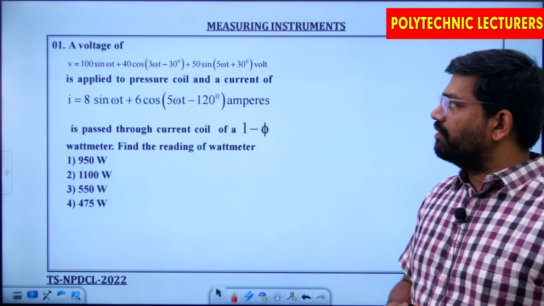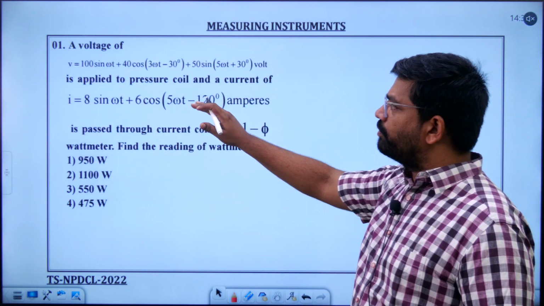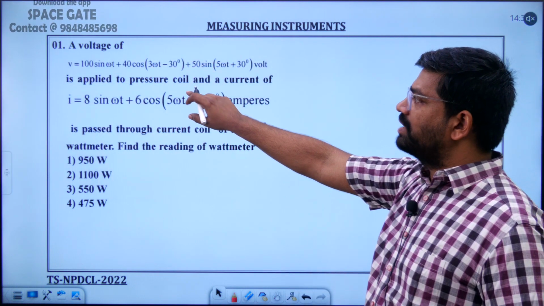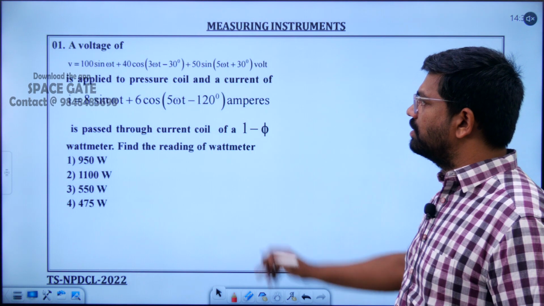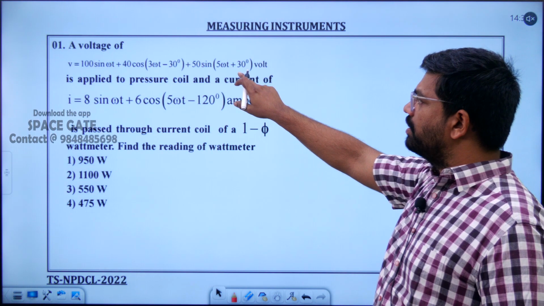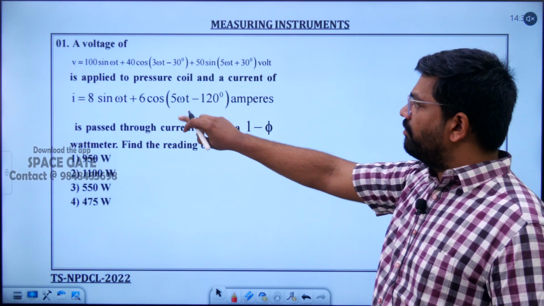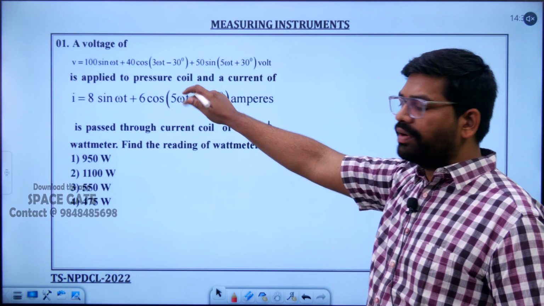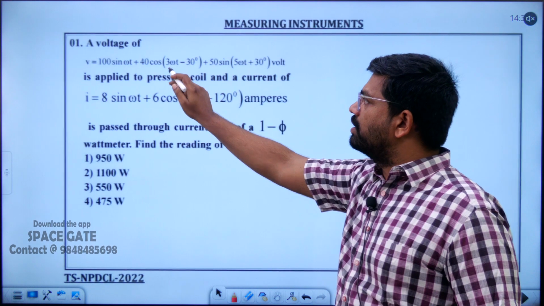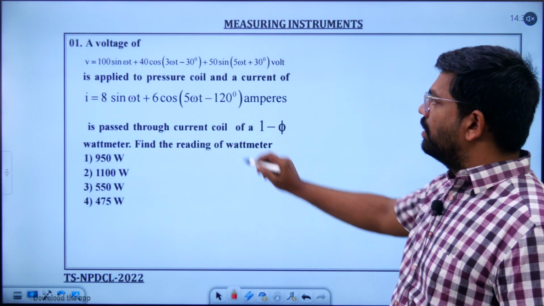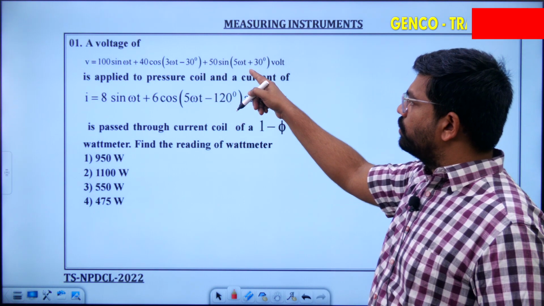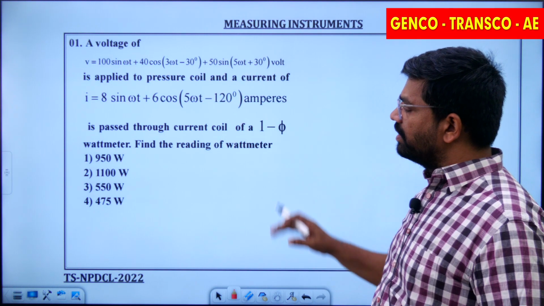Here the first question is given like this: a voltage of 100 sin omega t plus 40 cos 3 omega t minus 30 plus 50 sin 5 omega t plus 30. It has a fundamental component as well as a third harmonic and a fifth harmonic component in the voltage.